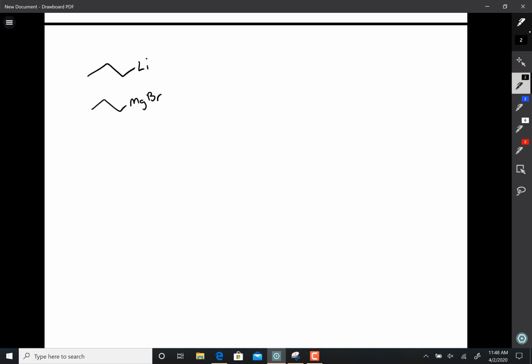These molecules are very, very strong bases. Because essentially, these molecules are somewhere in between ionic compounds and covalent compounds.